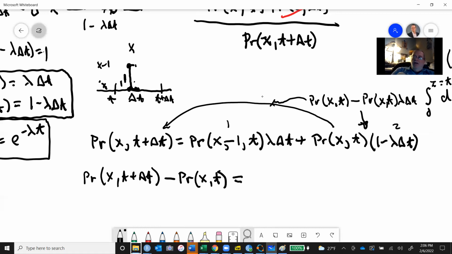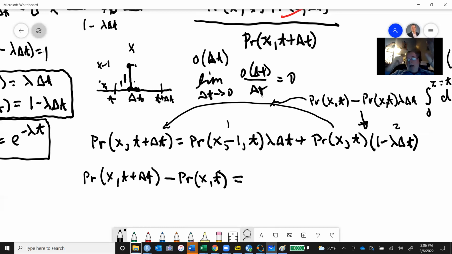Now, I'm not using a notation like o of delta t, which is a function such that the limit as delta t approaches 0 of o of delta t divided by delta t equals 0. I'm not using that notation here. I'm assuming it, of course. I'm not the mathematician; I'm a physicist.